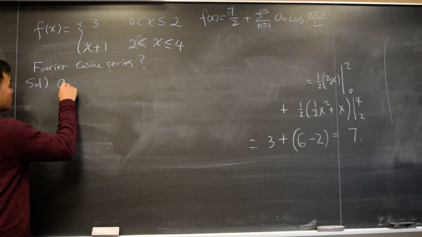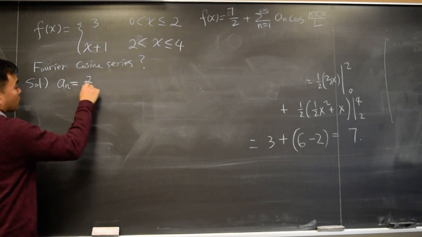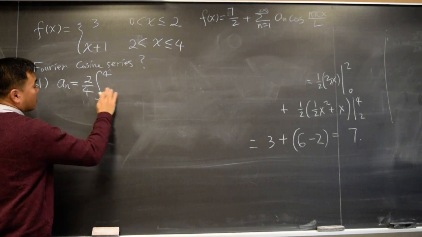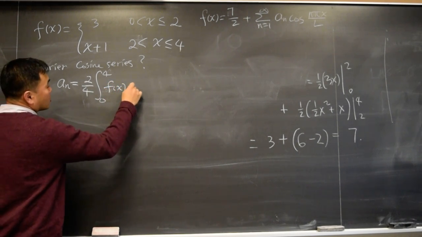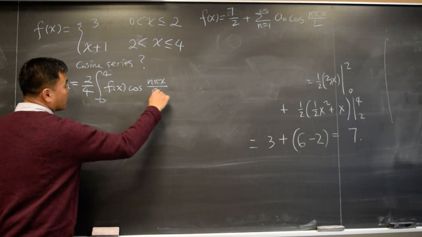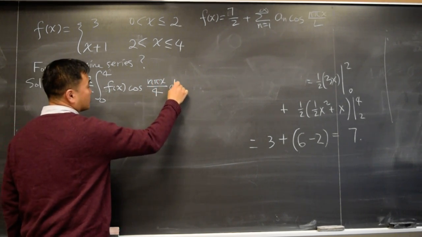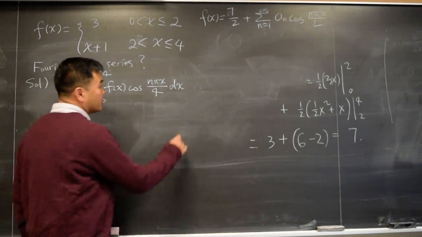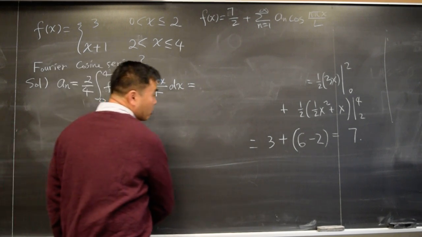Okay, An equals 2 over 4 again, 0 to 4, f of x cosine n pi x over 4 dx. Okay, that's the formula applied to An. And again, we calculate in the same way.